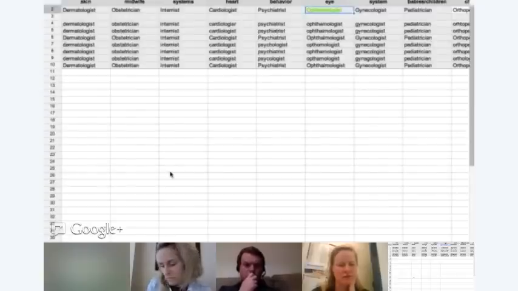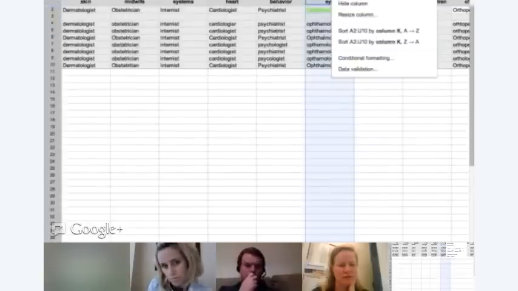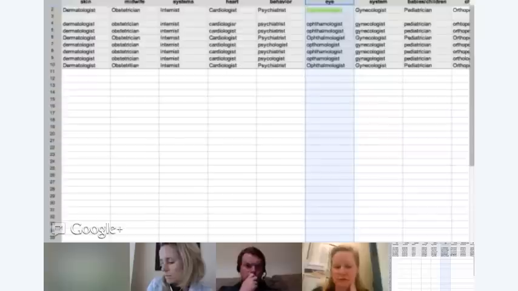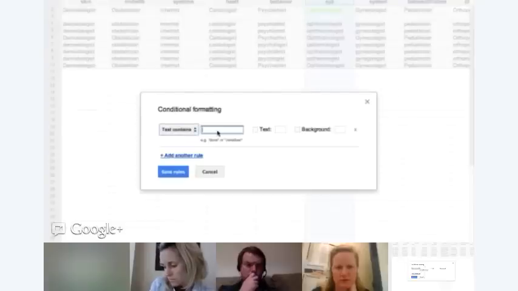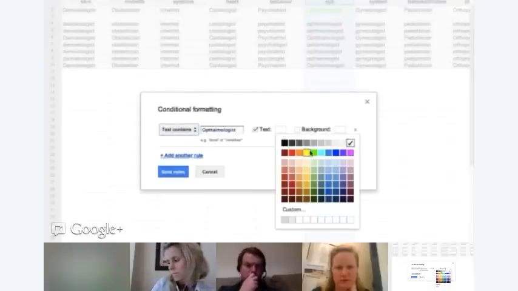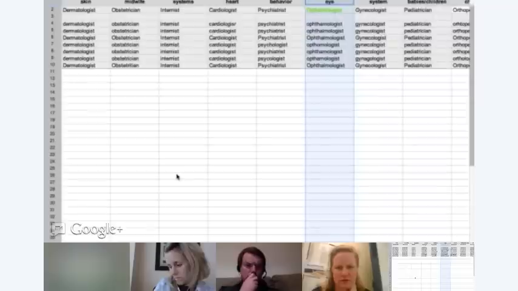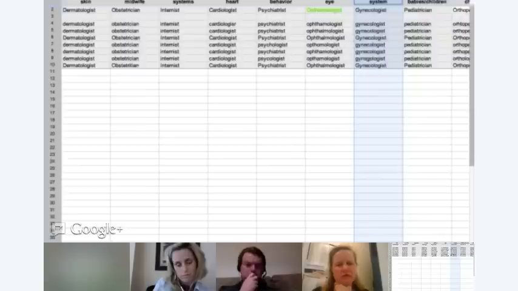Oh wait, I didn't select the entire column, so let's try that again. You need to have the column selected, Format, Conditional Formatting. Let's see if this works. Oh man, it didn't work. Let's try it again.